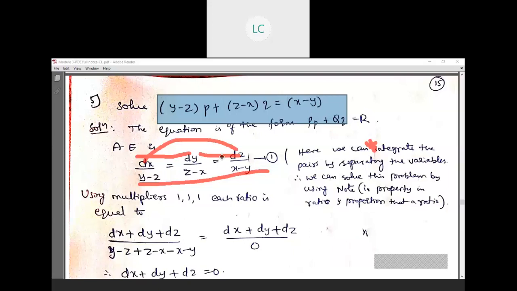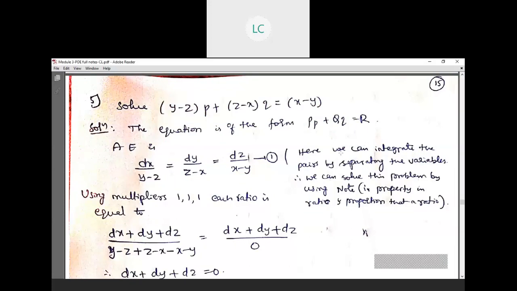In this situation, we can use that note, which means we can use the ratio property. To solve this equation, we must take the multipliers. That's what I have written here. We can't integrate the pairs by separating the variables. Therefore, we can solve this problem by using the note, the property in ratio and proportion.